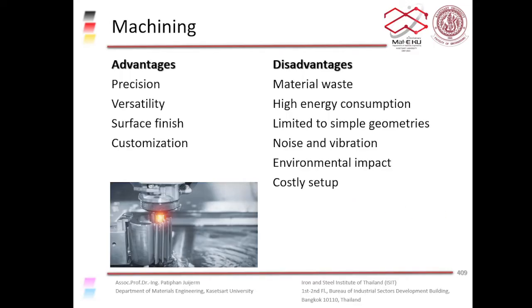The machining process is usually limited to simple geometries. Complex geometries, complex shapes, are quite challenging to machine, so you have limited design possibilities, right? It doesn't mean that it is not possible to machine a complex shape, but you need a more complex machine, which means a more expensive machine.